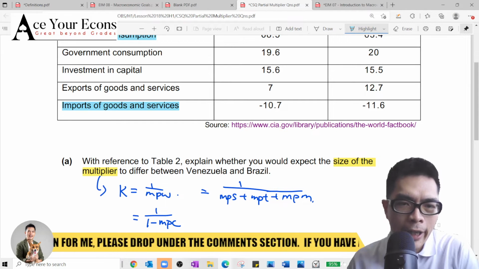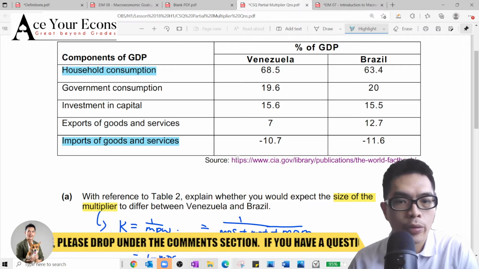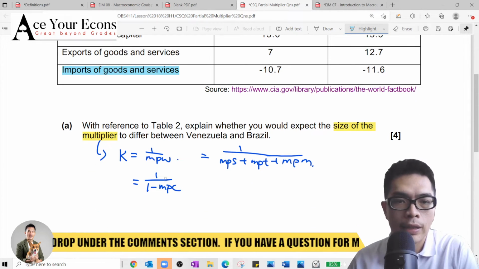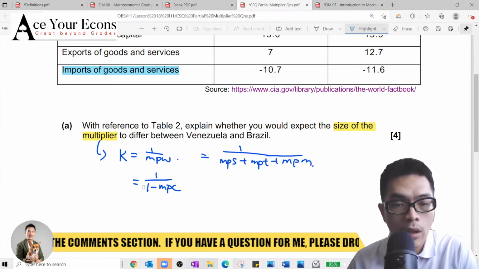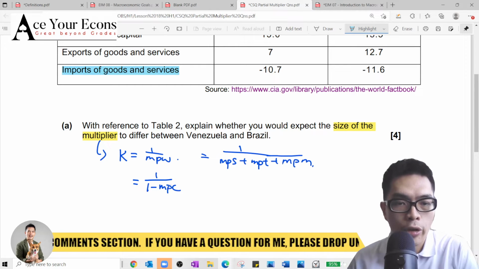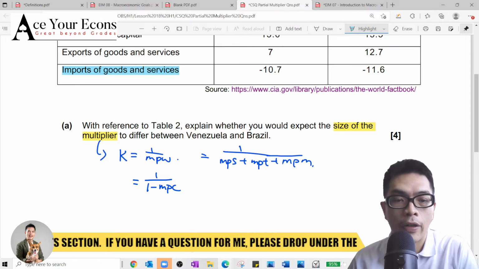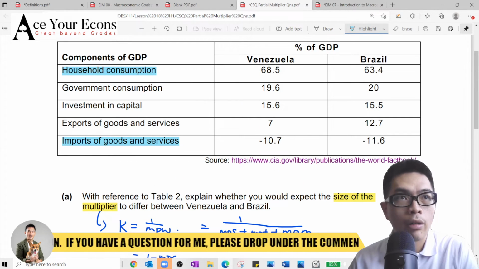So whenever you encounter a question like that, if they don't tell you directly, you have to dive deeper. And this is the concept behind 1 over MPW. So we can deduce the imports, or we can subtract 1 minus MPC. This is what we have covered earlier on.